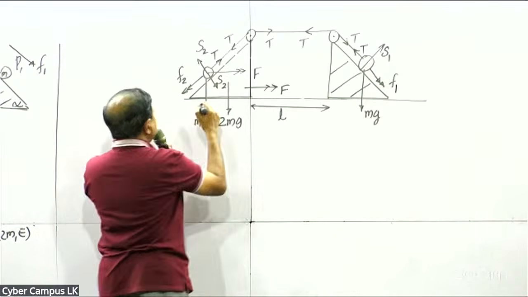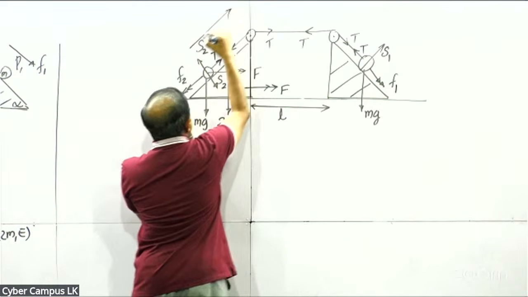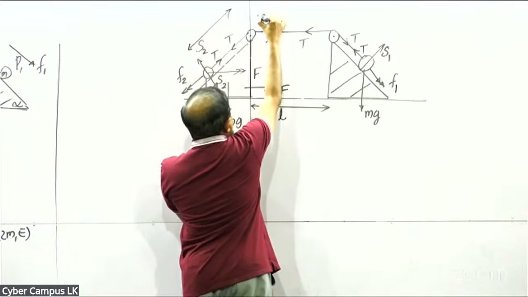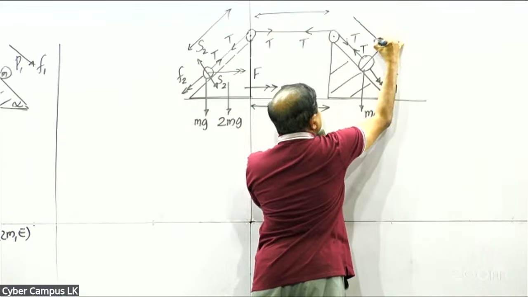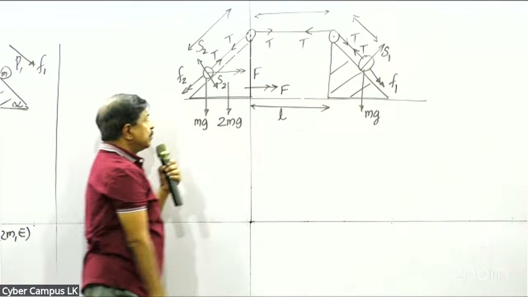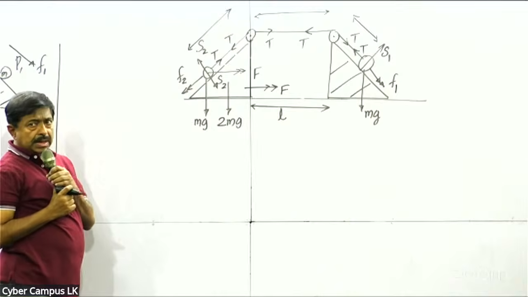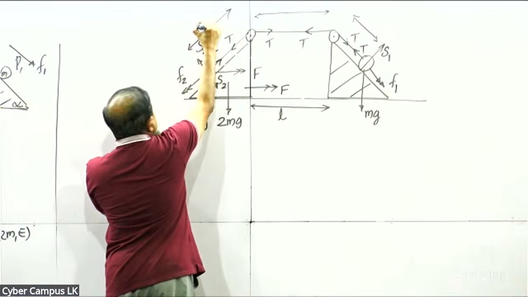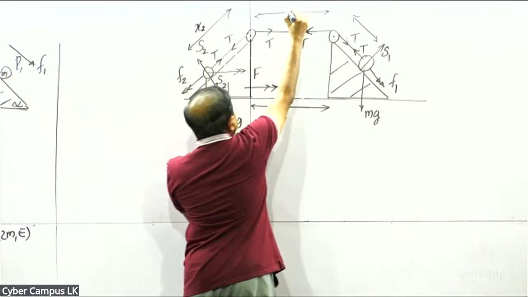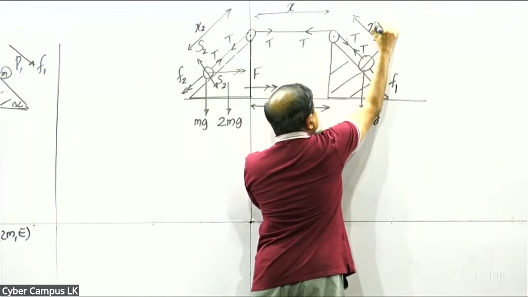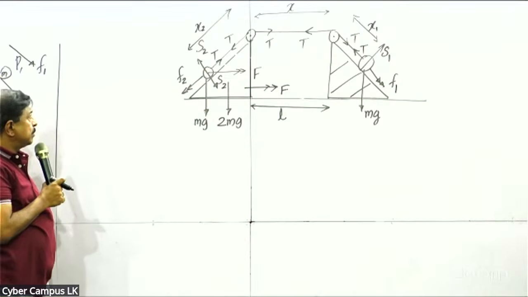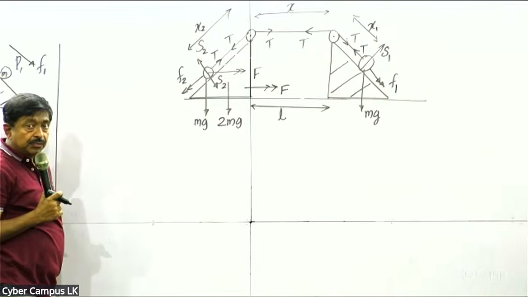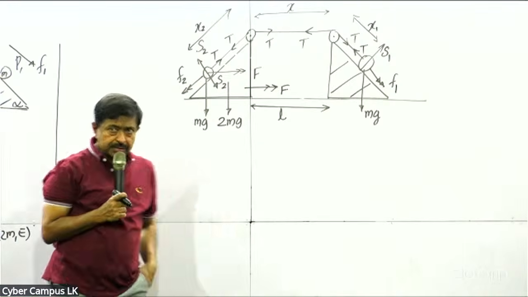So that means we need to come up with an extra equation using derivatives. Again, I use the same notation. This length as x2, this is x, this is x1. We have to obtain the extra equation because we are one equation short otherwise.